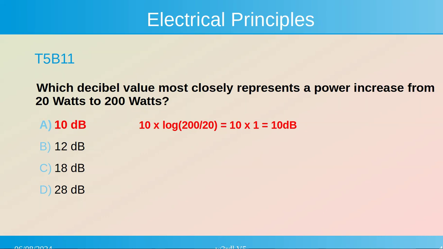If it was a ratio of 100, what do you think it would be? Let's say it was 20 watts to 2,000 watts.